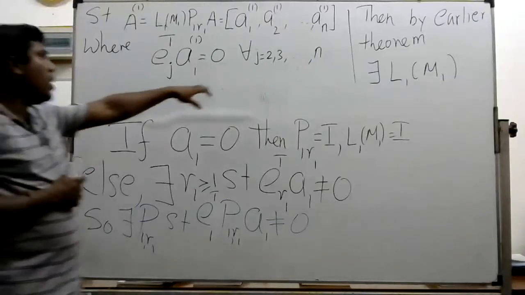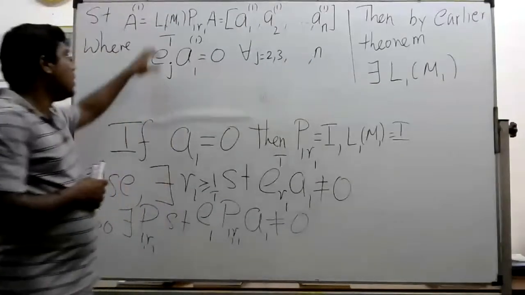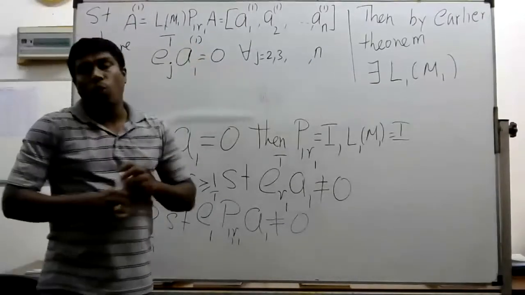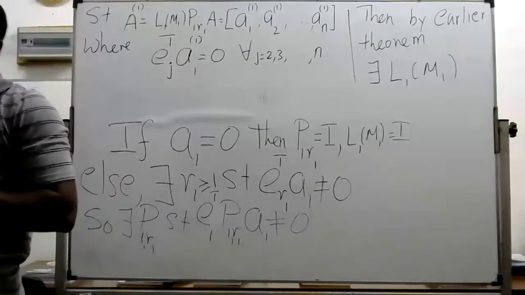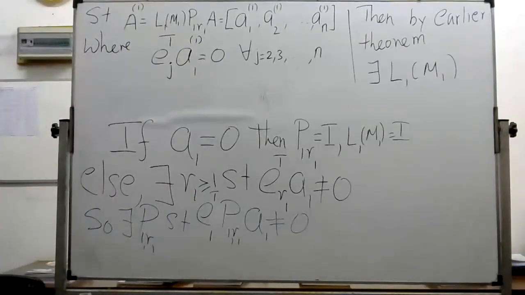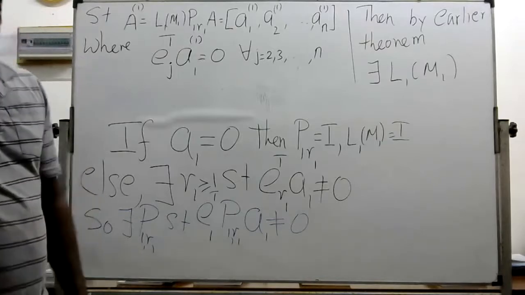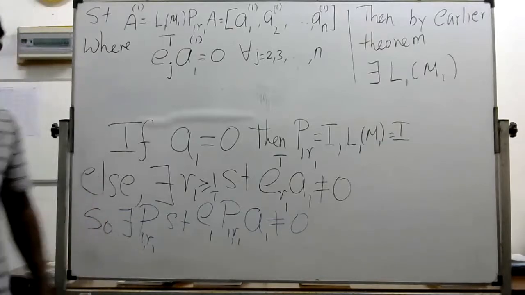So for all j running from 2 to n, Ej transpose A1 1 will be 0. So that is how we complete the first step. So we proved the first step. Now for induction purpose, let us assume that the result is true for some k steps, and then we will prove it for the k plus first step.